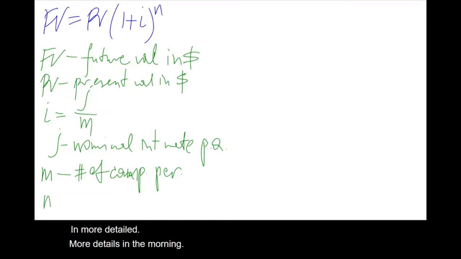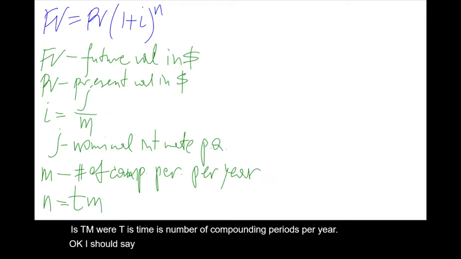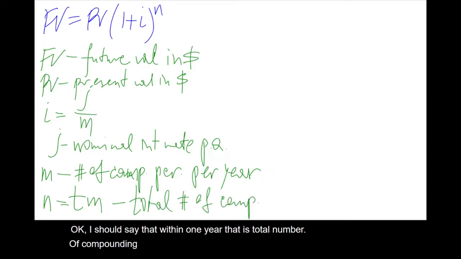So n is t times m, where t is time and m is the number of compounding periods within 1 year. That is the total number of compounding periods.